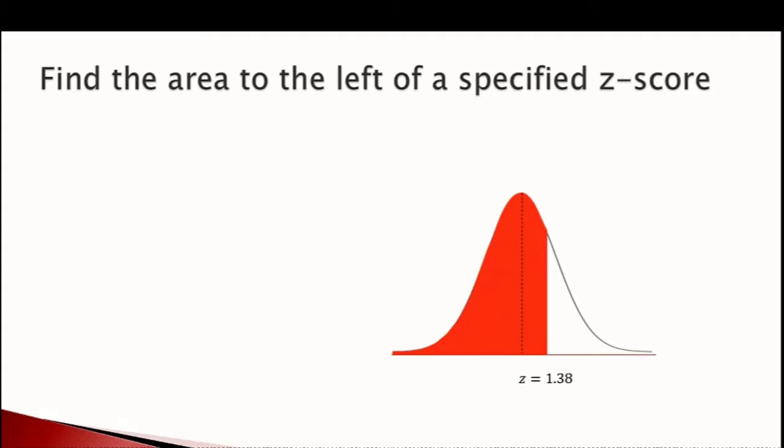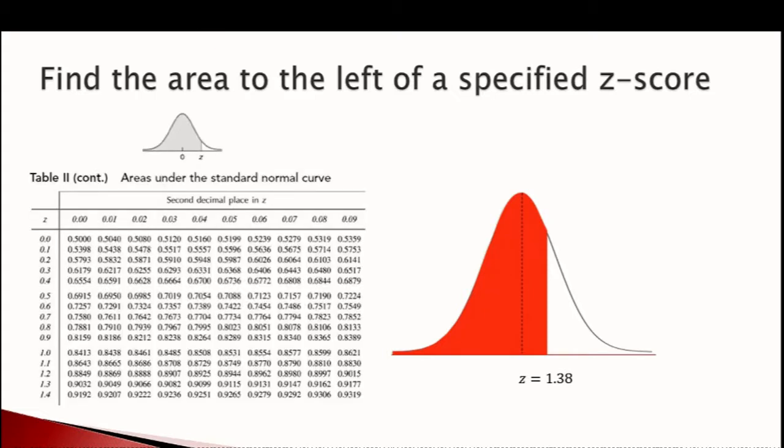So here I want to find the shaded red area to the left of the value z equal to 1.38. Since this z-score 1.38 is positive, I would go to the second page of the z-table where they list all the positive z-scores.